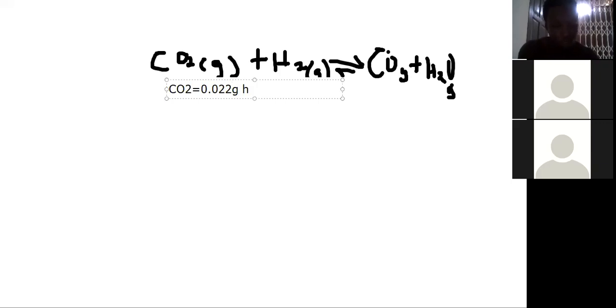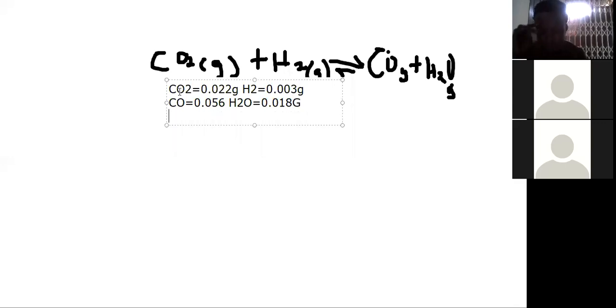We are given H2 to be equal to 0.003 grams, and we're given CO to be equal to 0.056 grams, and we're given H2O to be equal to 0.0018 grams. Now the question is saying: calculate the Kc for the reaction.